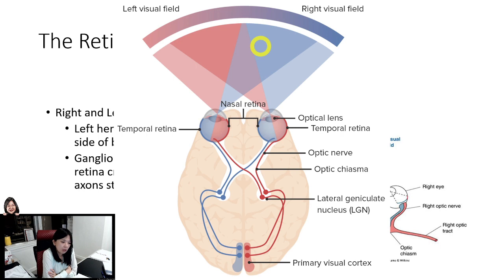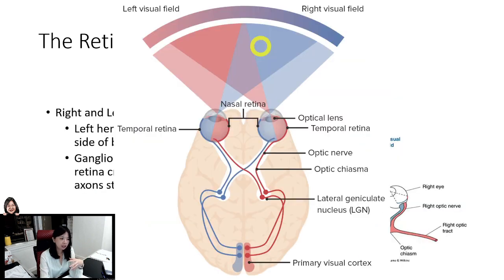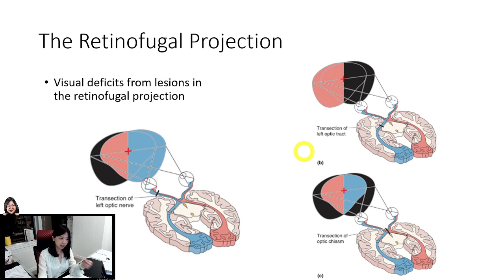And I think when you're studying, this is the image to digest. I hate to use this term memorize, but unfortunately you will have to memorize this. Then you don't really need to study this slide, because so long as you understand what chunk of the visual field each of these fibers is carrying, you can draw it out and deduce, hey, if I lesion here, then I'll lose this chunk, right?